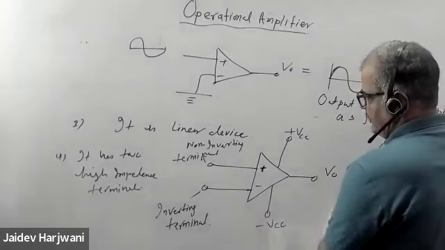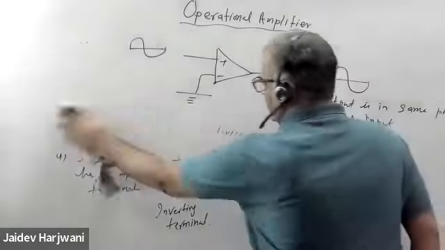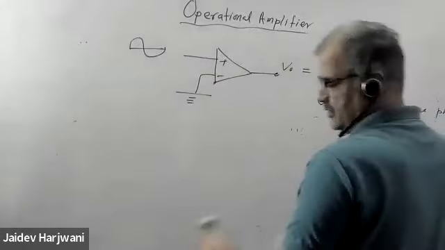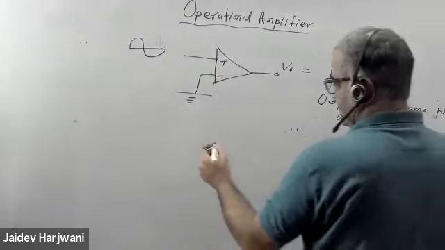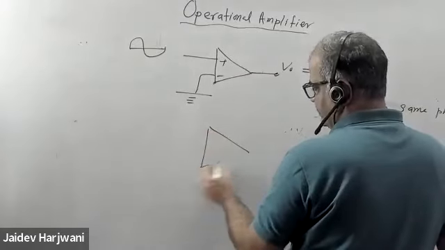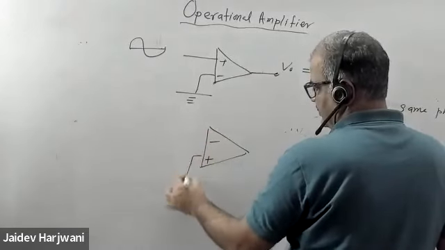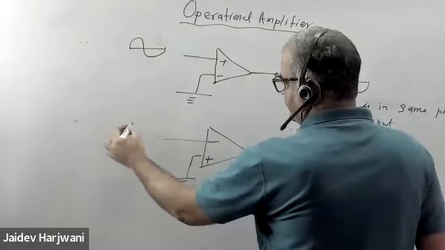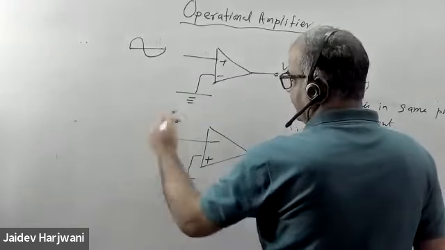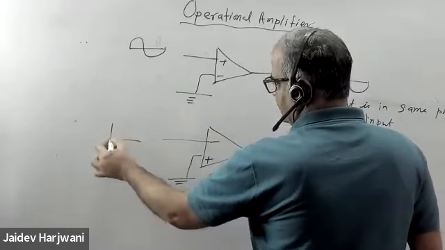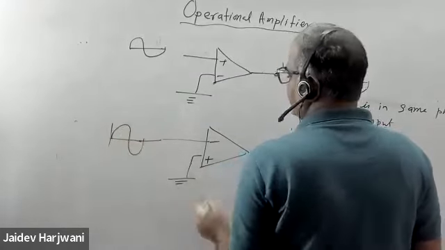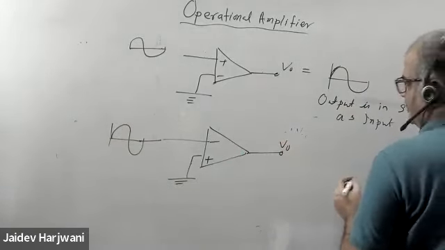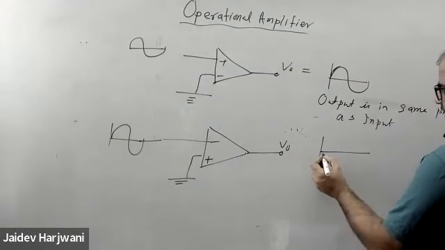Similarly, if you apply a signal, say this is your minus and this is plus, but this time you are grounding the plus one and giving the signal at the inverting terminal, then your output V naught will be in inverted phase.